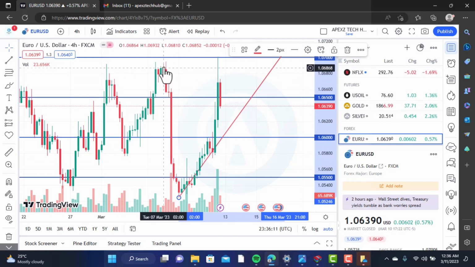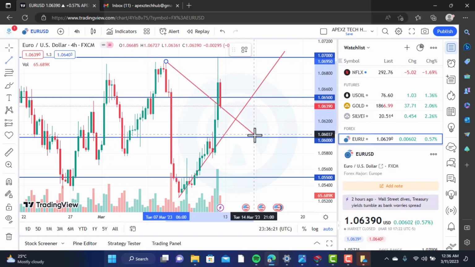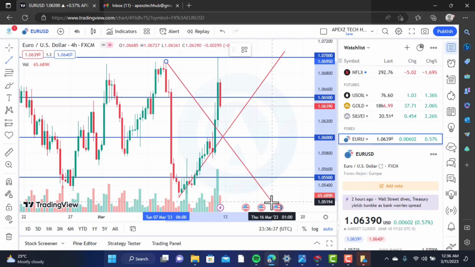Now from the previous high we have, I'll draw another trend line from here. This is from the previous high.